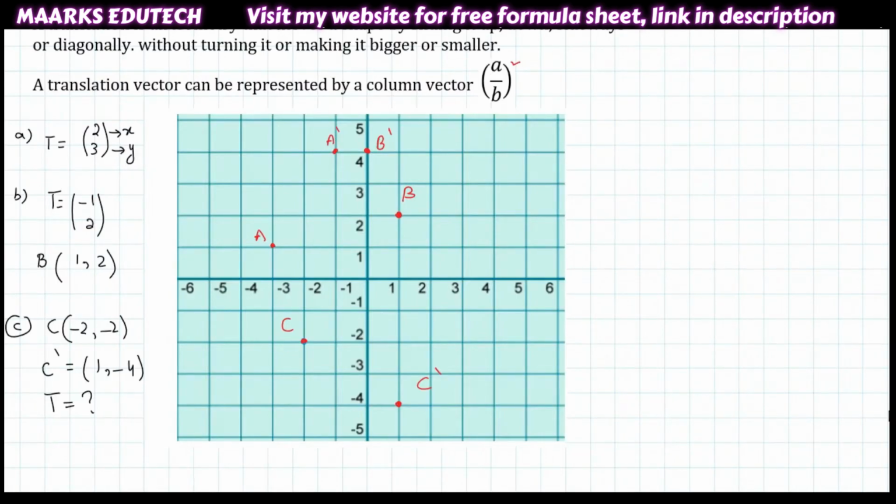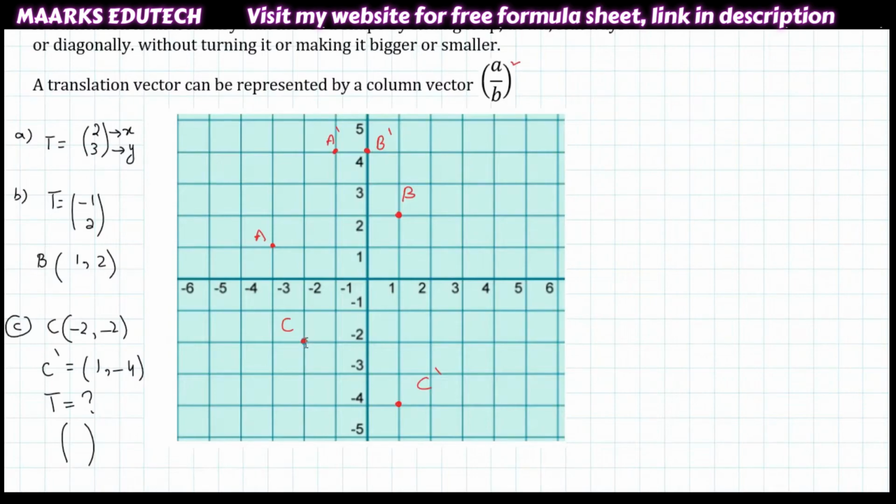It's a very simple and easy method: C is the object and C dash is the image. So we will start from the object and go to the image, and we will follow the first rule. First we will move x and then we will move y.